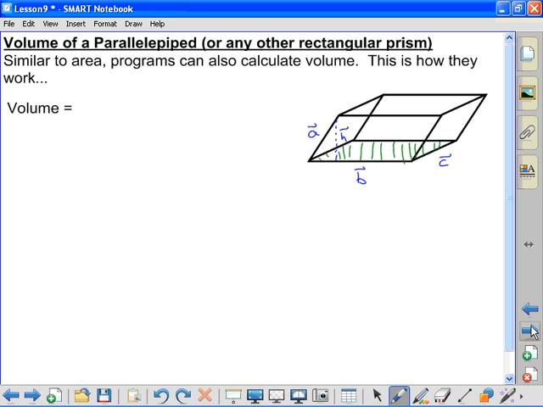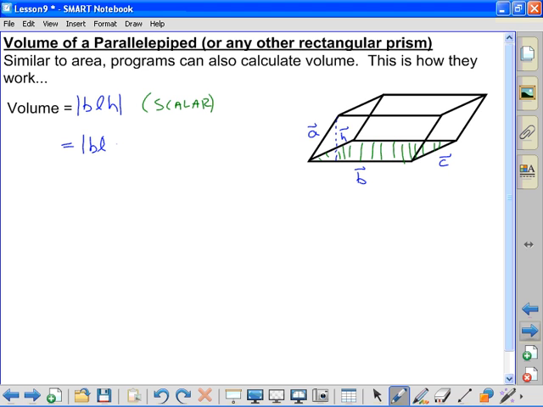So I'm just going to go back here for a second. Volume is base times length times height. Again, it's a scalar. It's a volume. So I'm going to put those absolute value bars showing that we're looking at the magnitude. We already know the formula for base. So I'm going to break it into base times length, multiplied by height.